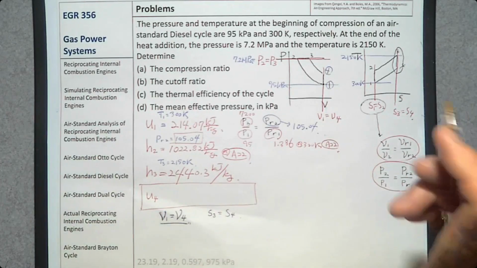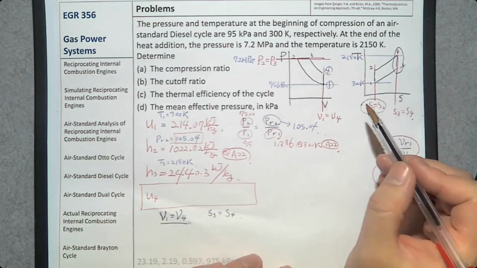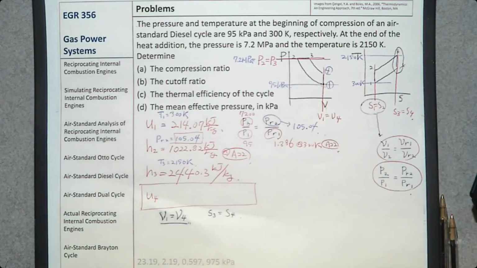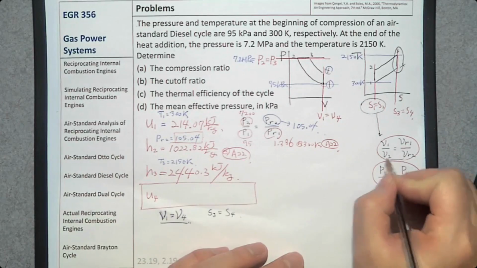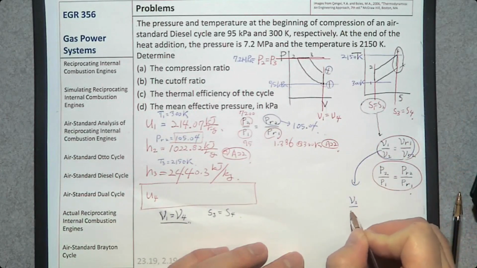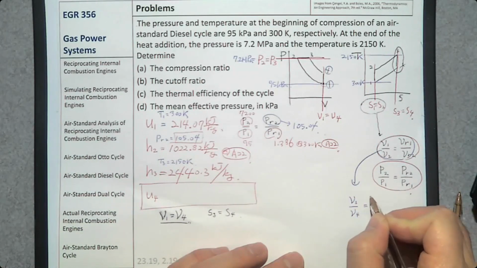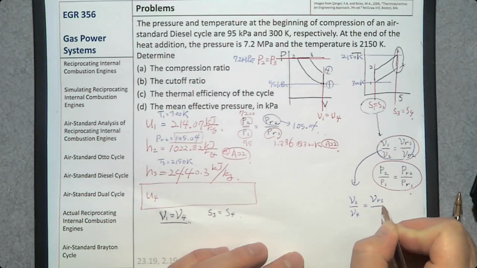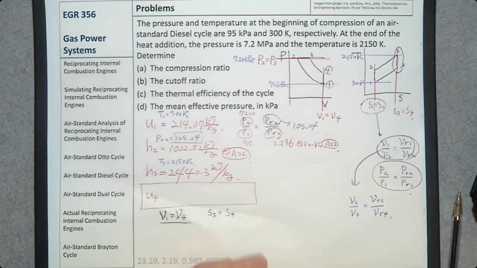And since we know V1, 3 and 4, let's say 3 and 4, we can use this relation. So V3 over V4 should be the same as VR3 over VR4.